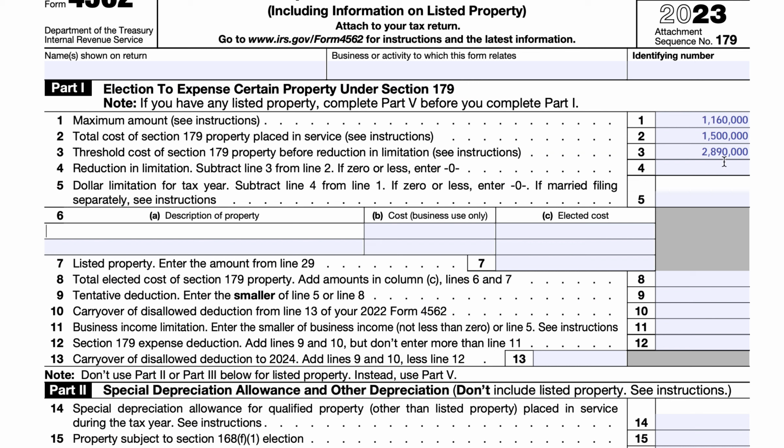So in this case, you do have enough information to at least complete the next couple of lines. Line 4 is the difference between line 2 and line 3. Since that is 0, we'll put 0 there, and then we're going to subtract line 4 from line 1. So far we've arrived at this limitation. That's the dollar limitation for the tax year.